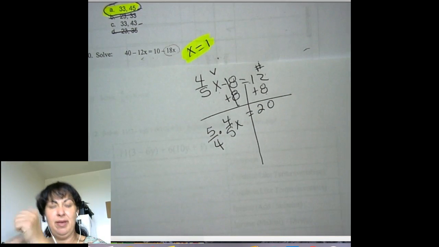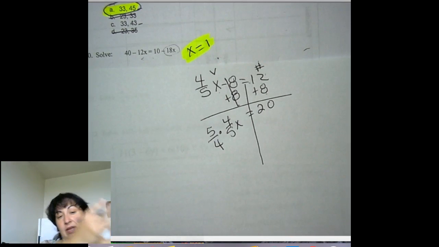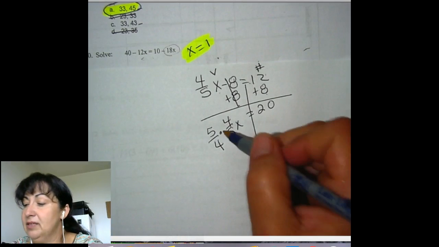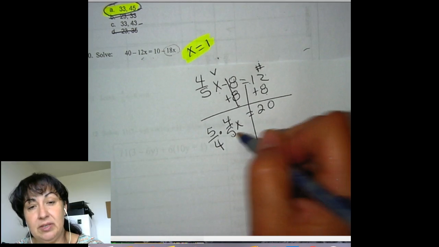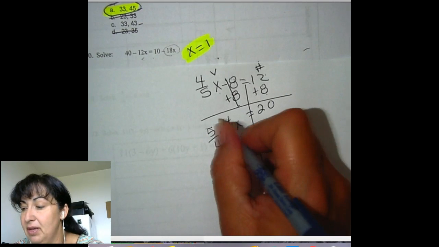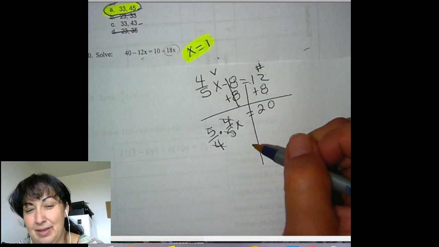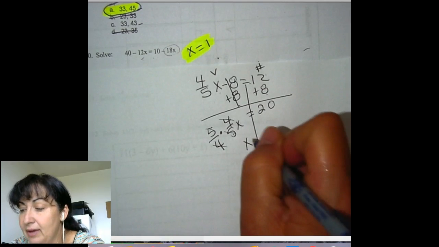I'm going to multiply by the reciprocal. And when I flip that fraction and multiply by the reciprocal, I get 1x, because 4 times 5 is 20, and 4 times 5 is 20. So 20/20 is 1x. Or you can look at it as a 5 on top and a 5 on bottom, a 4 on top and a 4 on bottom, and they cancel. However you want to look at that, this ends up being 1x.